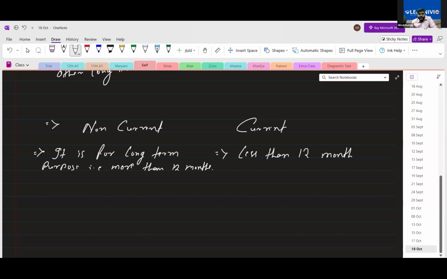So non-current is for long-term purpose, that is more than 12 months. Current assets are for less than 12 months. Now there is a concept of operating cycle.